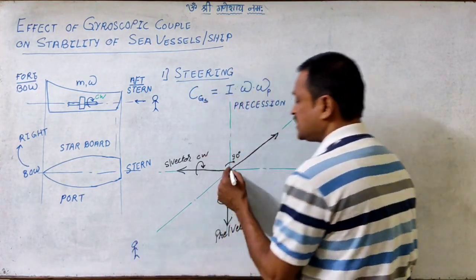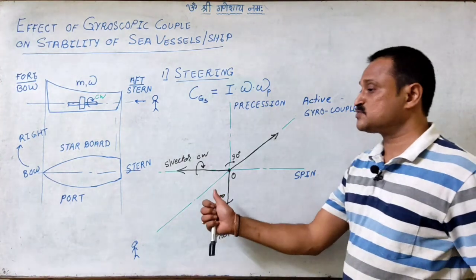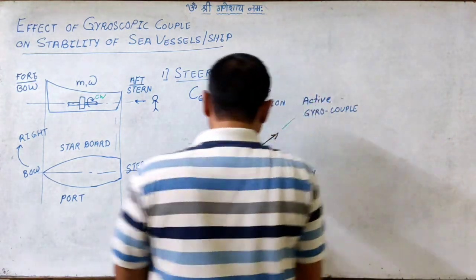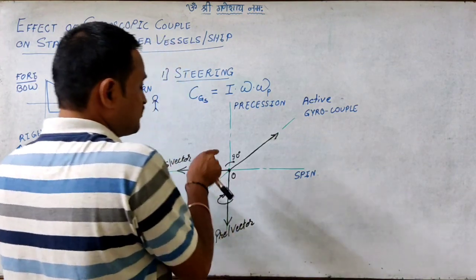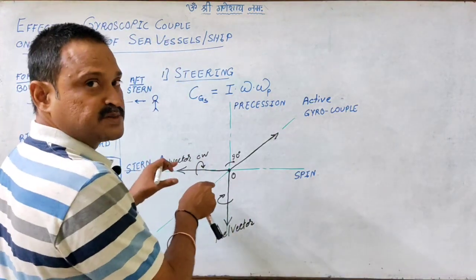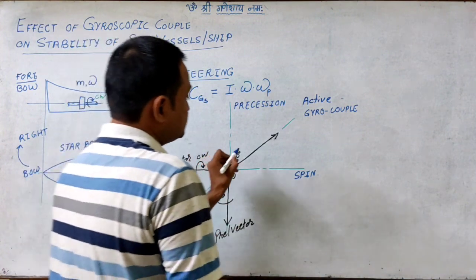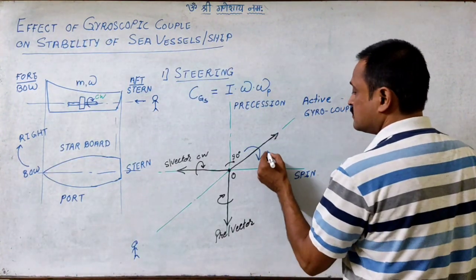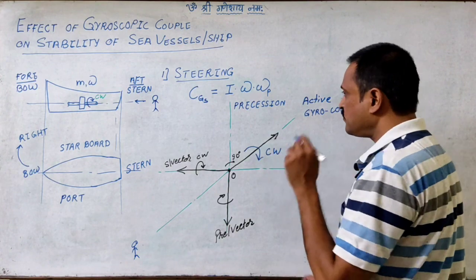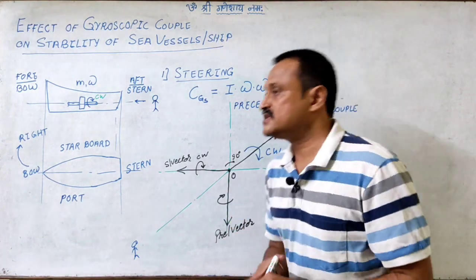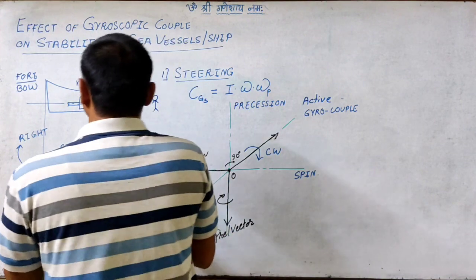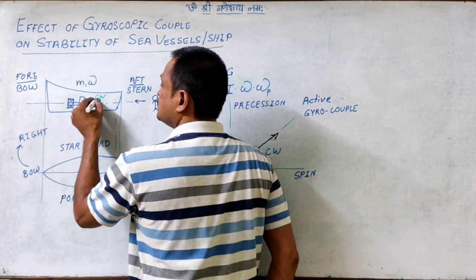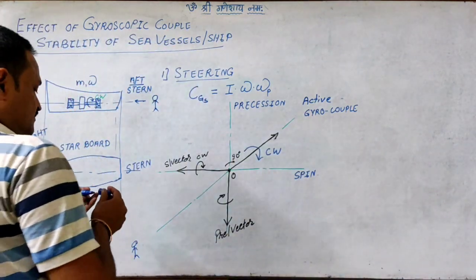So what is happening here, if we see as an observer, when I am standing here and looking at it, the vector is pointed outwards, so this vector is clockwise from the position of the observer. So how is it going to affect? This effect will be experienced at the bearings of this rotor.